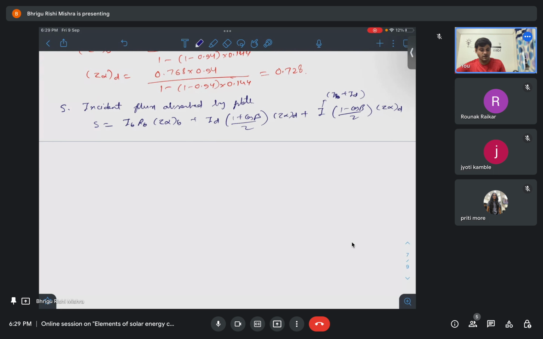We have calculated all the values: IB and ID are given, we have calculated RB and tau alpha b.